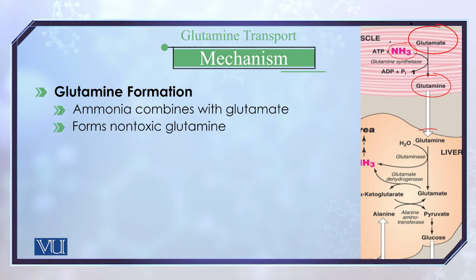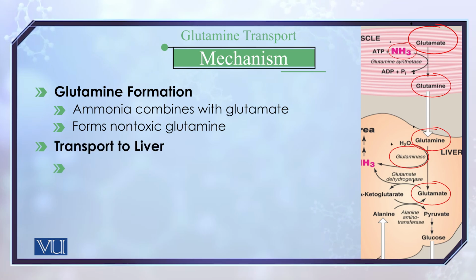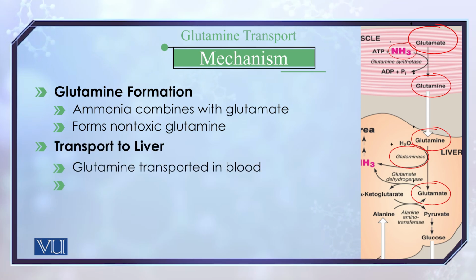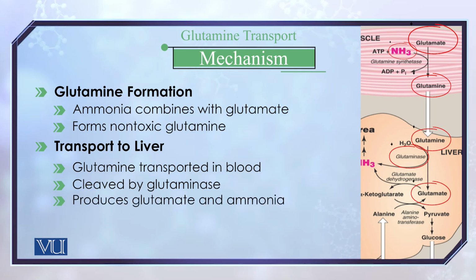This glutamine comes into the liver, and here, through the activity of the glutaminase enzyme, it is converted again into glutamate, and then this glutamate, after the glutamate dehydrogenase activity, because of the oxidative deamination of glutamate, you get ammonia, and thus this ammonia can easily be converted into urea through the urea cycle in the liver.